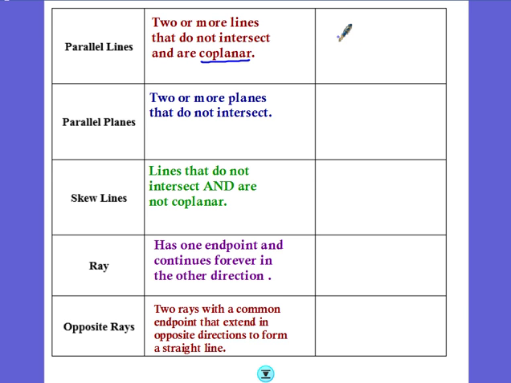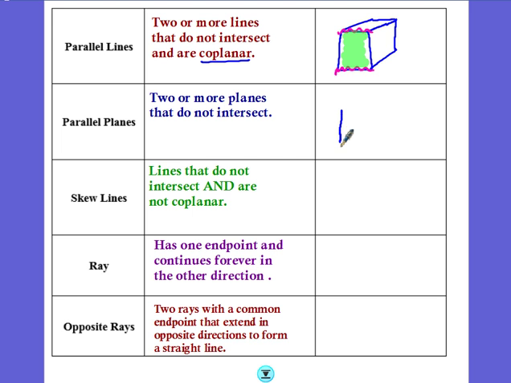So for most of these examples, I'm going to draw a box. Let's say I have a box here. If I wanted to identify two parallel lines, I could say something like this and this. Notice they're in the same plane, and they never intersect. Parallel planes are two or more planes that do not intersect.